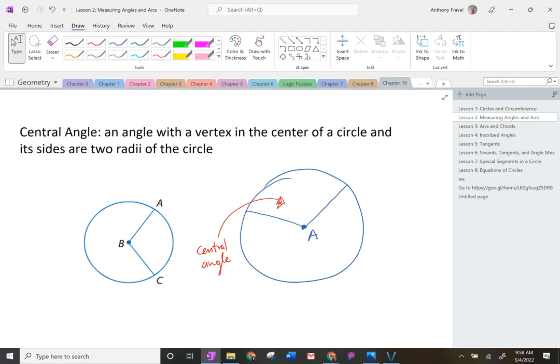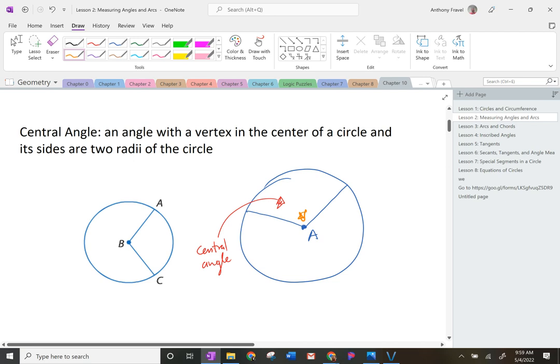So it'll be a radius, and then this spot right down here is the central angle that we're worried about. Okay, so that's going to be that central angle.